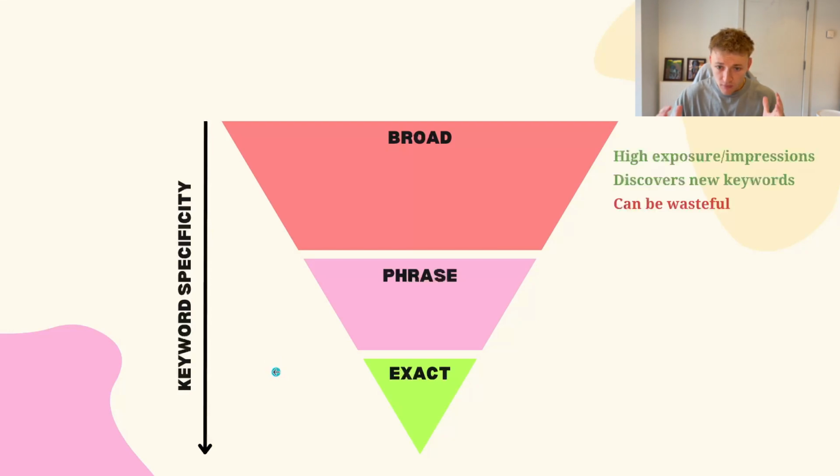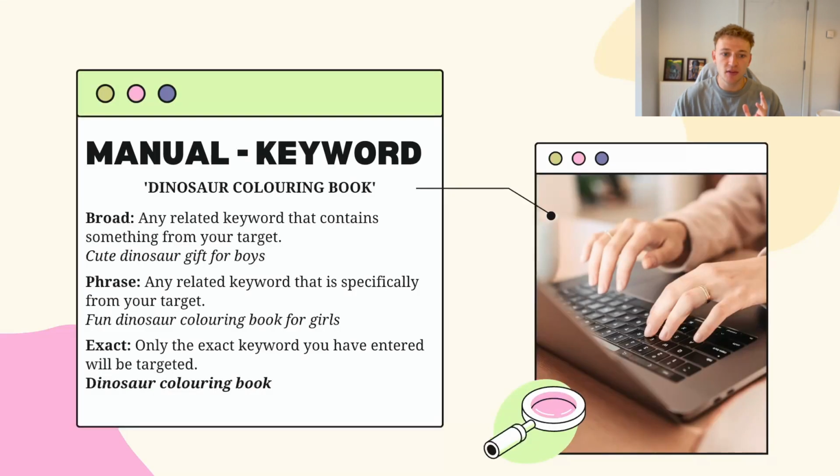So if you're using a broad match type, you're going to get high exposure and impressions, and also discover new keywords. Because if you take this dinosaur coloring book, it's going to get you loads of different variations of similar search terms, because it's going to contain some words from your keyword search phrase. So dinosaur coloring book takes the word dinosaur and puts cute dinosaur gift for boys.